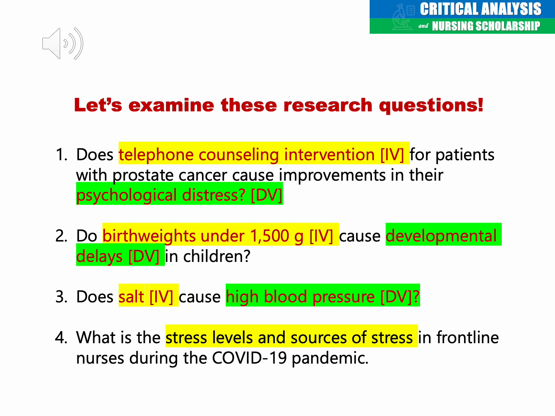How about number 2? Do birth weights under 1500 grams cause developmental delays in children? The independent variable is the birth weight, and the dependent variable would be the developmental delays. The answer is non-experimental.